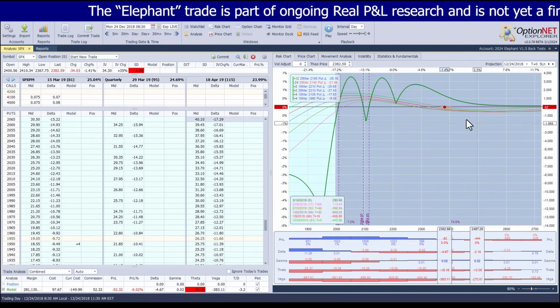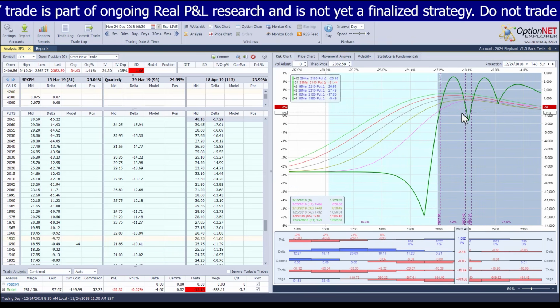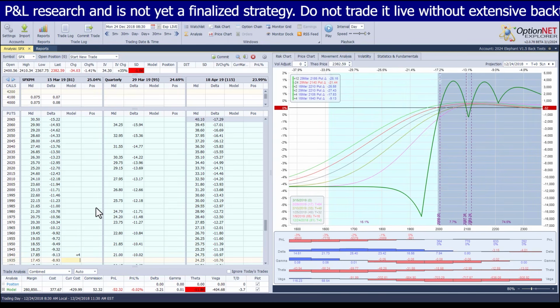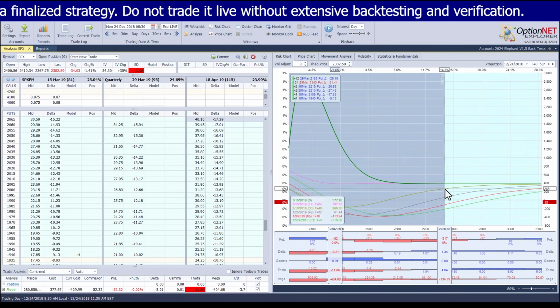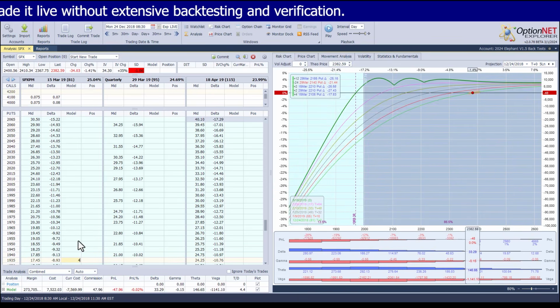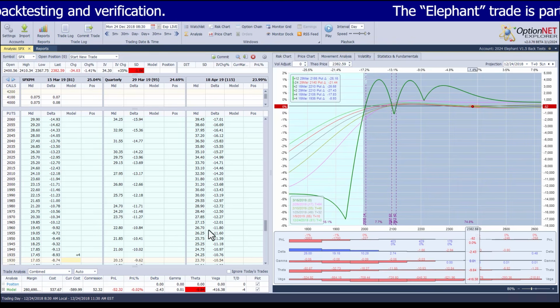Can't build this trade. You're coming out here at 20 something percent. Let's see, maybe I can come down a little more and get something. No, that's just not worth trying to get 200 bucks out of it.